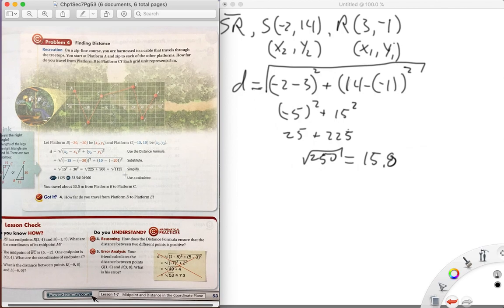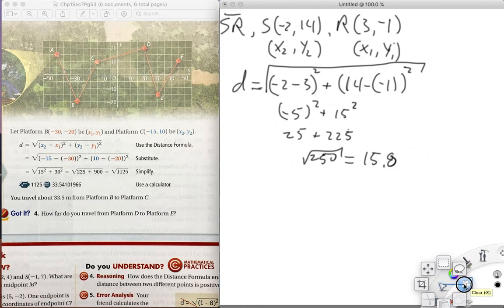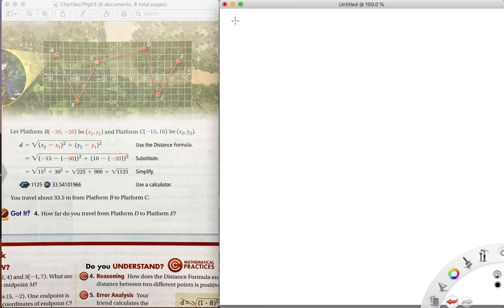This is more of the same. So if we had to look on the number line and get the coordinates, here we have D to E, and D is 20, 20. That's convenient. So this is number 4.